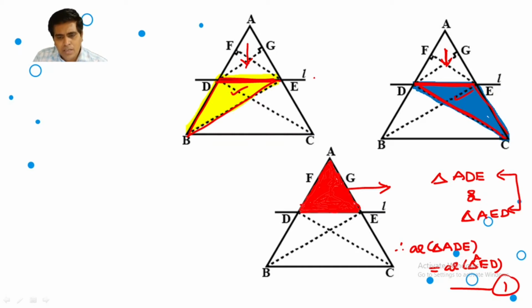In between DE and BC, we have this triangle, and this triangle is also in between DE and BC. So these areas will also be equal, because of the important observation we have just discussed: two triangles between two parallel lines with the same base have equal area.